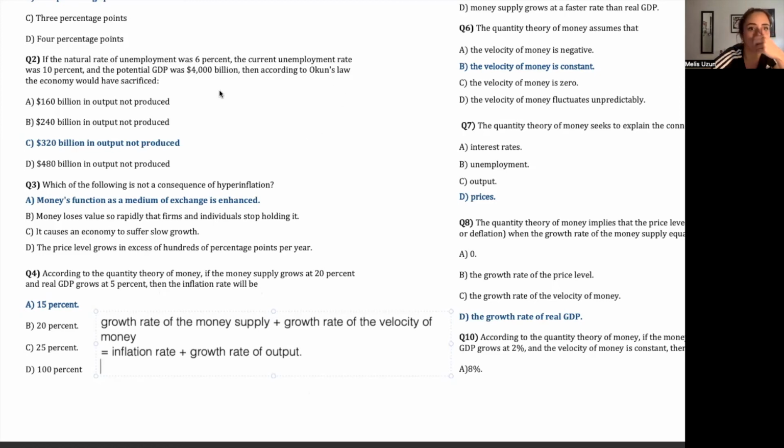Since the velocity of money is constant, we can delete this, and the growth rate of the money supply is equal to inflation rate plus growth rate of the output. So growth rate of the money supply was 20% and is equal to inflation rate plus 5%. So the inflation rate is equal to 15%.